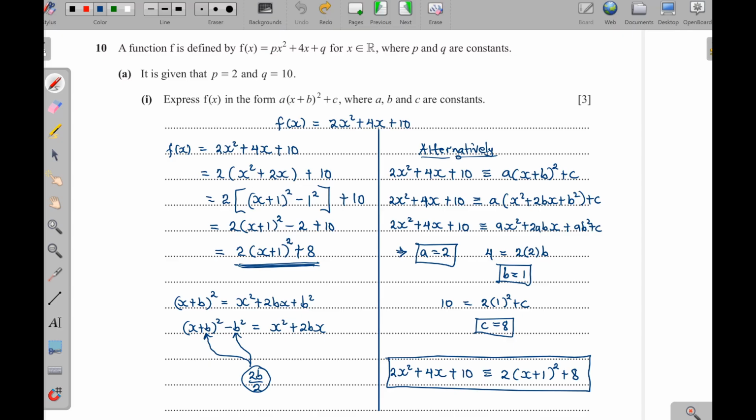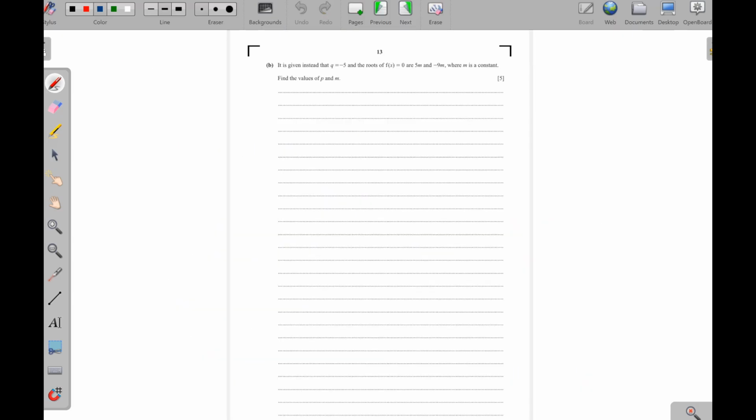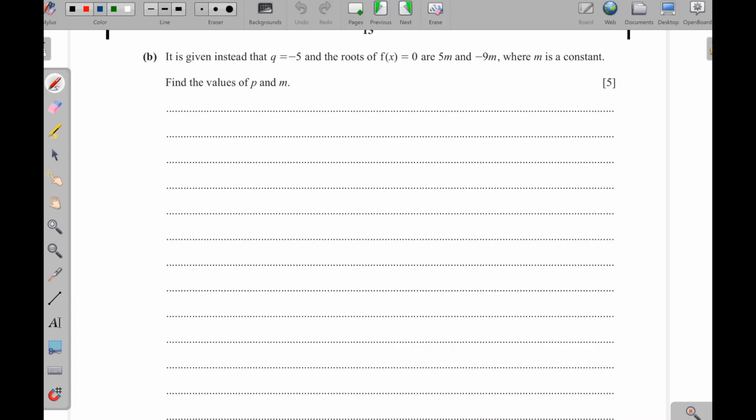The other method is that I find a quadratic equation that is coming from these two roots, and then I just equate. So let us use that one.